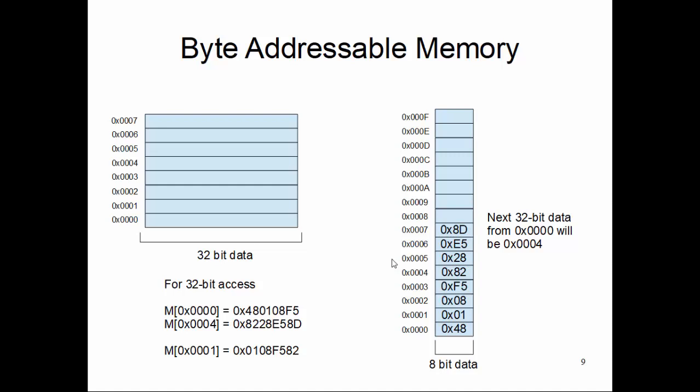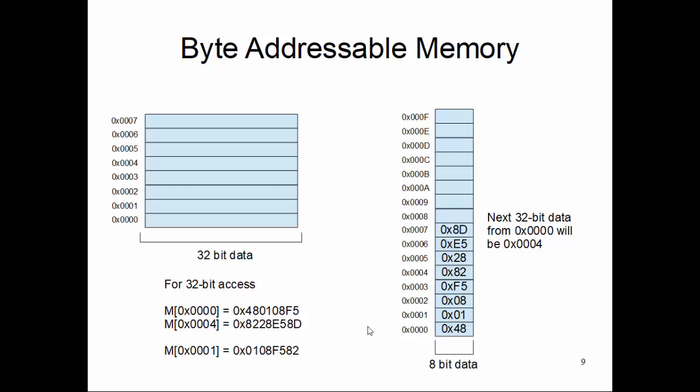One way we can think of it: let's say at address 0000 we are storing the data in hex 480108F5, and at memory address 4 we are storing the data 8228E58D.